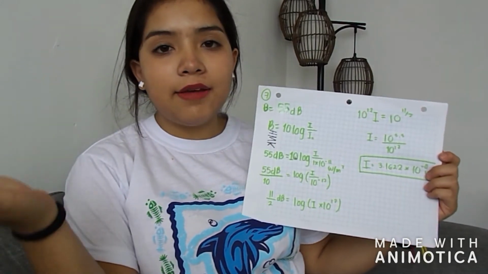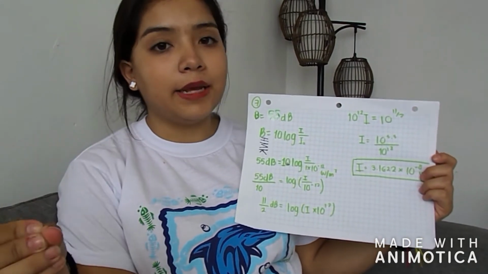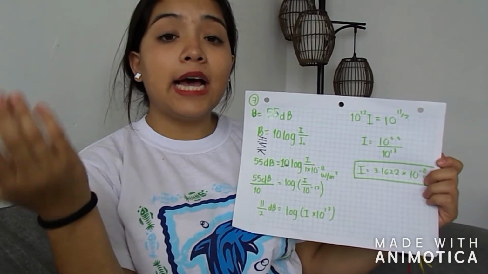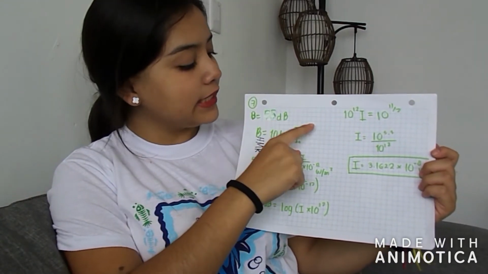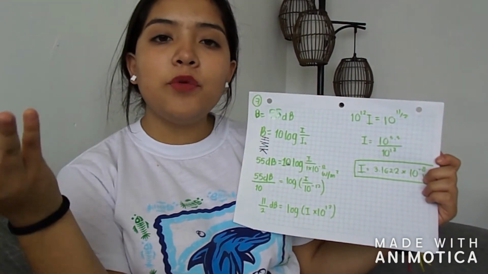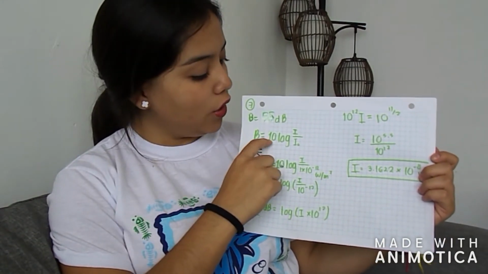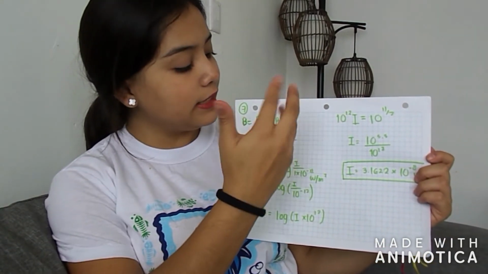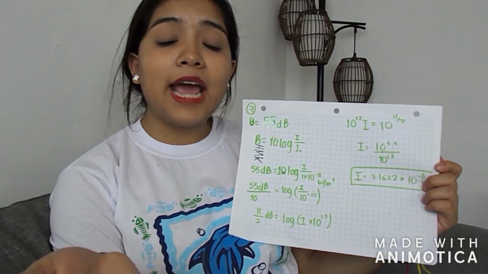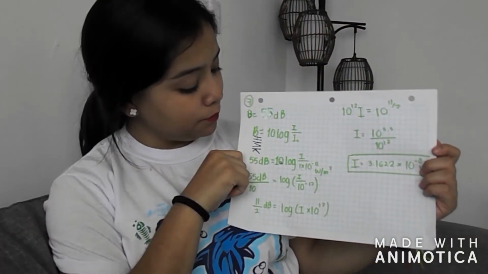In problem number 7, they are asking us for the intensity. First, we have our data, that is 55 decibels and the intensity at 1000 hertz. So we use our formula of 10 logarithm of intensity over the intensity at 1000 hertz.